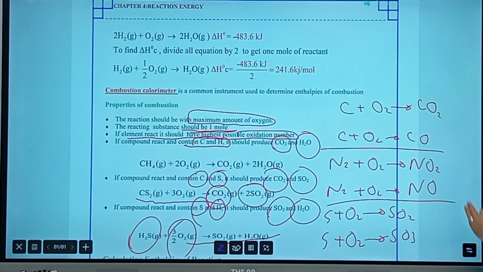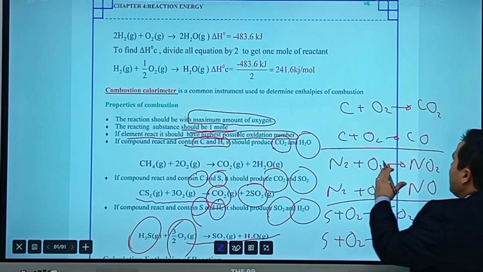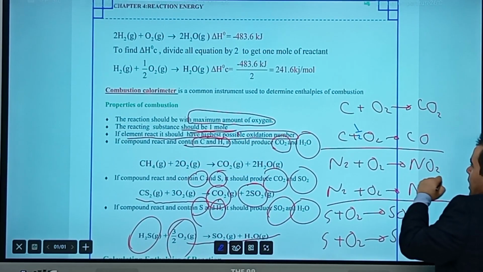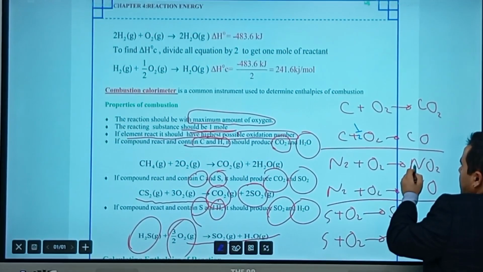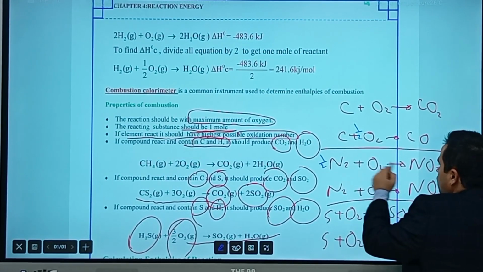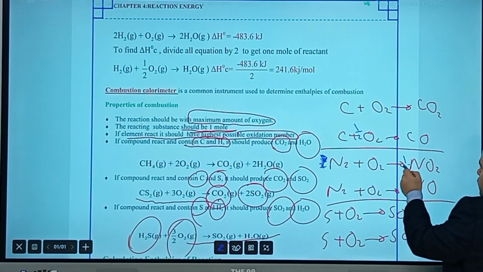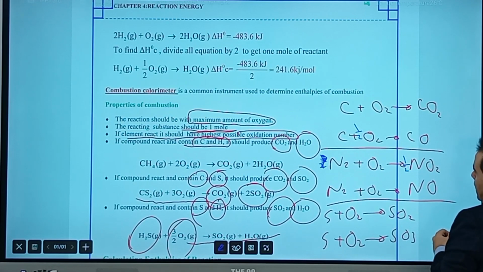Which one becomes a complete combustion? Which one is incomplete combustion? They are all combustions, but some of them are complete, some of them are incomplete. Let us balance the reactions. The above is balanced. Here there should be 1/2 nitrogen in the reactants. Sorry, for this combustion, 1/2 of the nitrogen dioxide must be in the product.